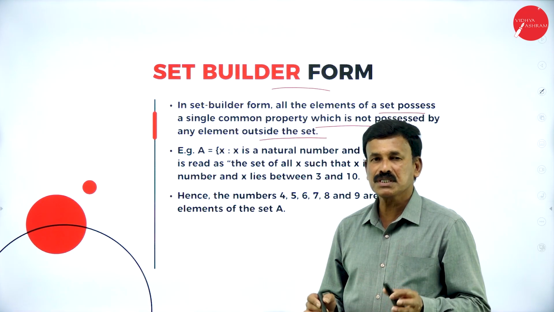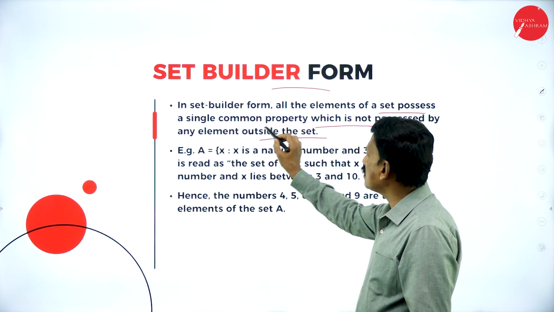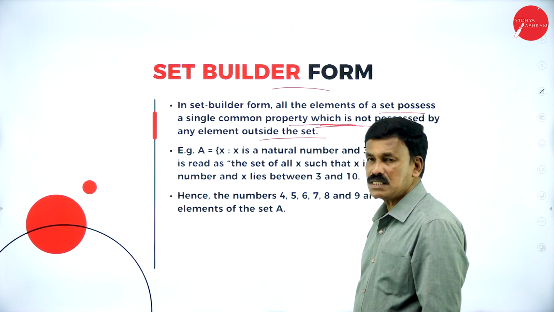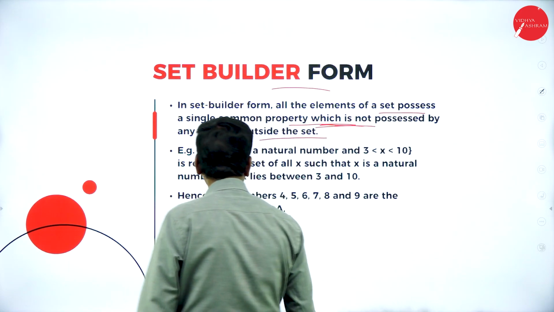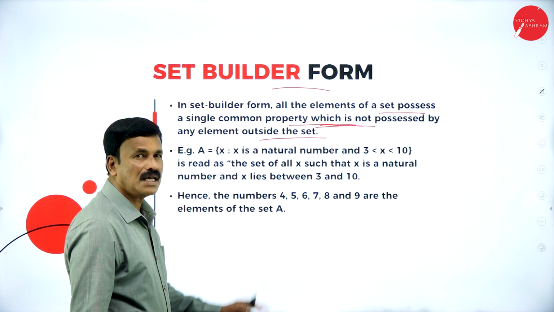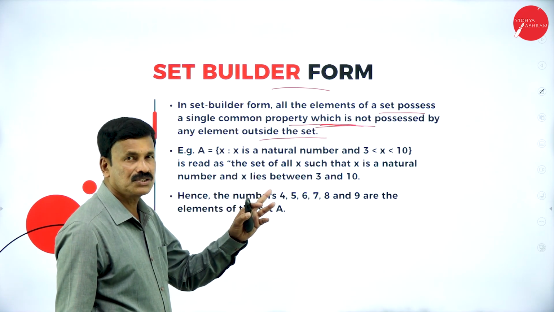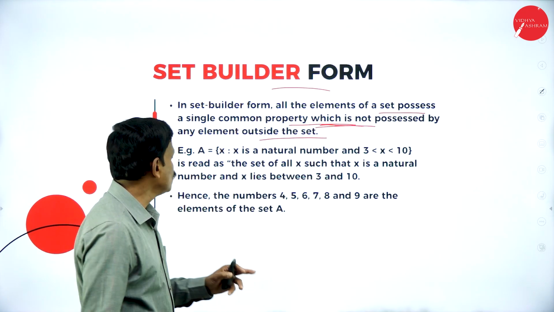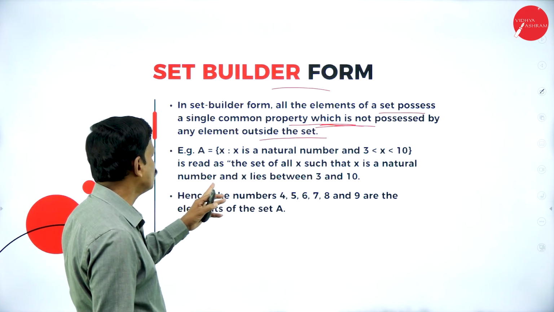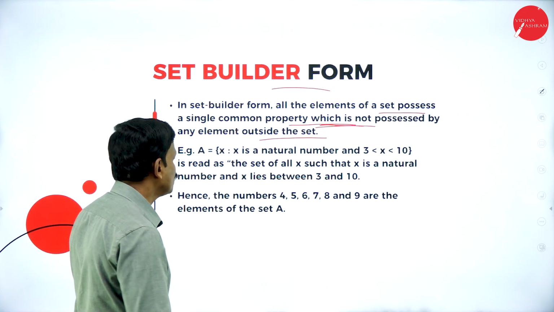For example, let us consider x such that x is a natural number and 3 is less than x less than 10. It is read as the set of all x such that x is a natural number and x lies between 3 and 10. So, what are the numbers which lie between 3 and 10?